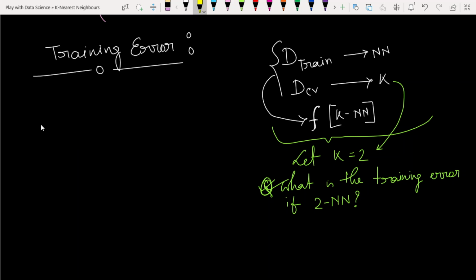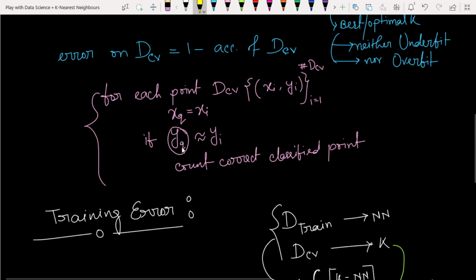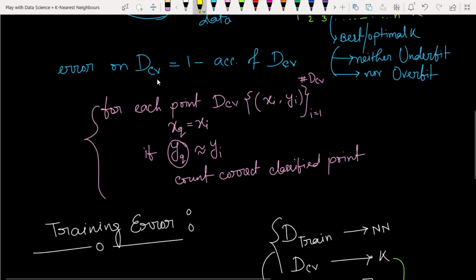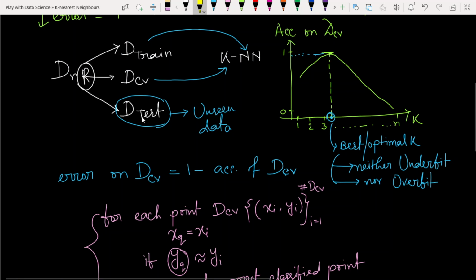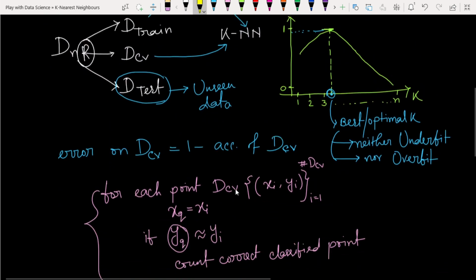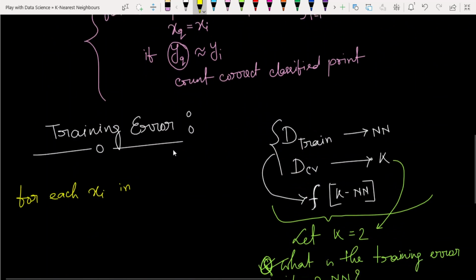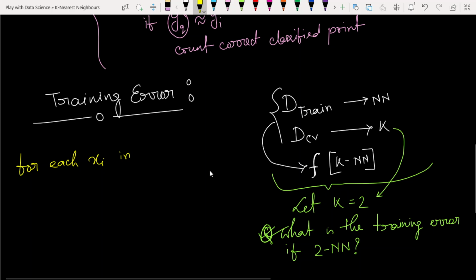So let's see. It is the same thing we did previously. For each xi, instead of using the cross validation data to find the accuracy, we use the training data to find our accuracy.